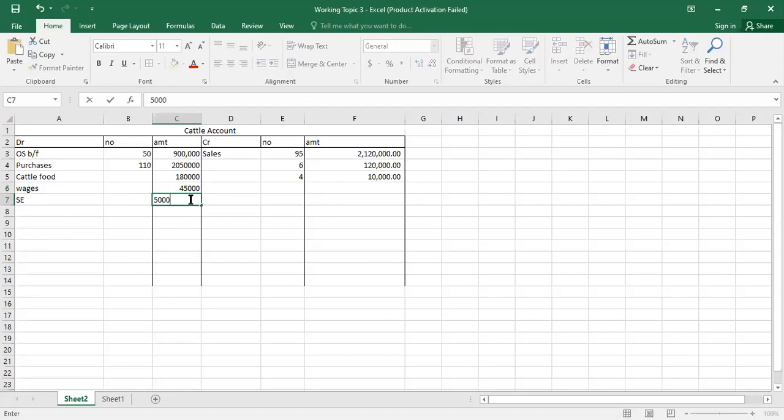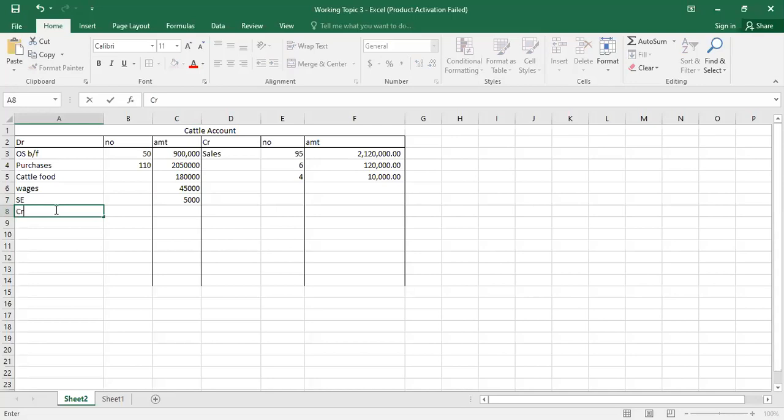Then down there, we've been told crop worth 50,000 was grown on the farm and used for feeding cattle. So we are going to debit the cattle account and we are going to credit the crop account, right?